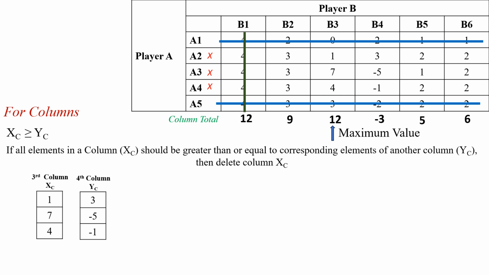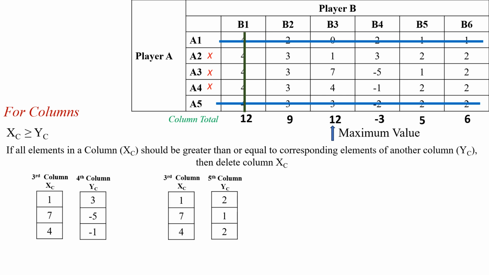So next compare this third column with another column, that is the fifth column, because the next minimum value is for the fifth column. So compare the third column with the fifth column, that is 1 is not greater than the 2 and also 1 is not equal to the 2.